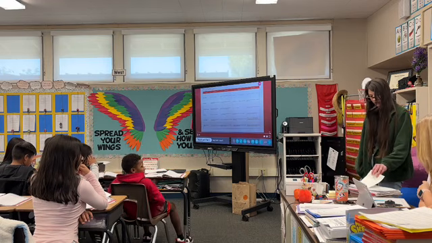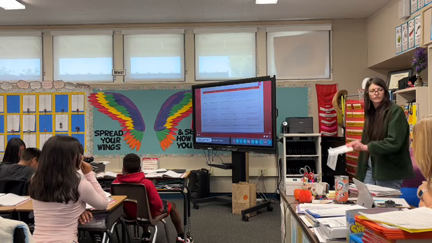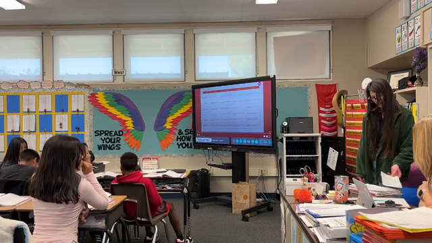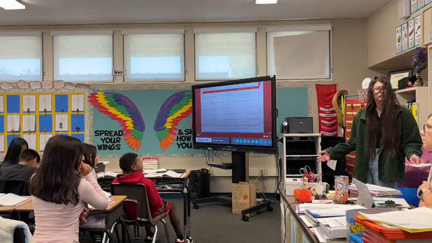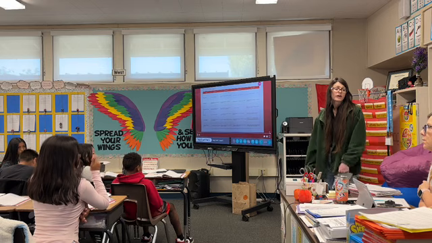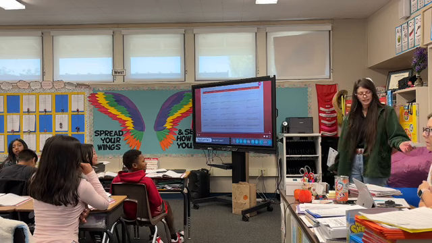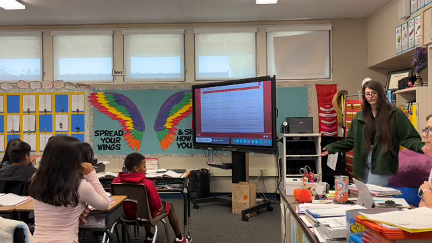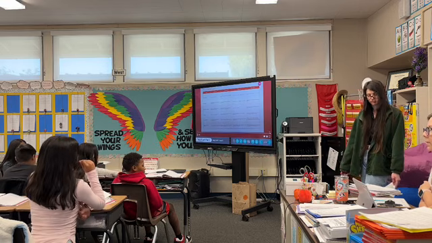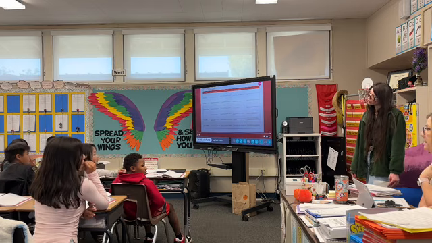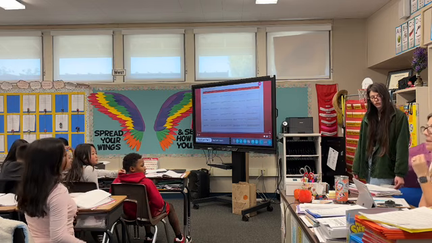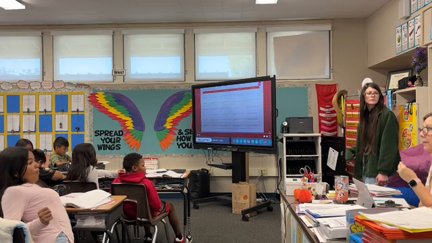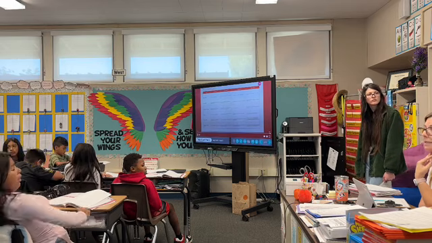For example, if we were going to use the article, Fighting for Scraps, and say, in the article, Fighting for Scraps, it says that decomposers break down matter and the nutrients go back into the soil. Okay. Would that be a great sentence to support your thinking? Yes. And that sentence comes right out of Fighting for Scraps. So if we reference that, we're citing our evidence.